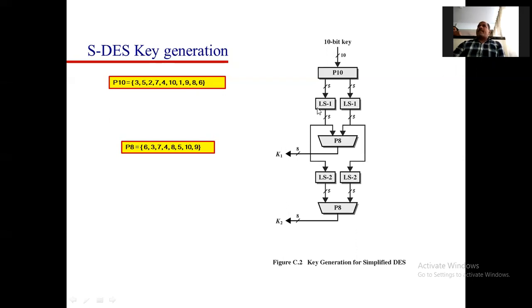What about the P10? The P10 is the permutation on 10 bits.